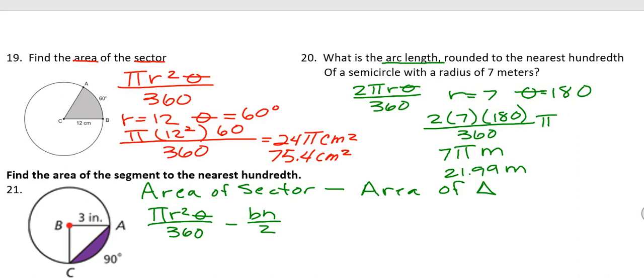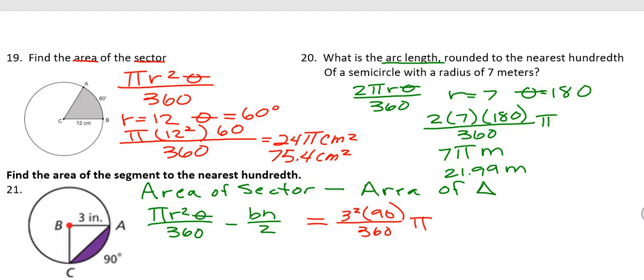So when we start to work this problem, let's go ahead and do this over here. So we're going to have 3 squared times 90, theta is 90, divided by 360. And we are going to multiply that by pi this time, because we're going to need to get that as an actual measurement.